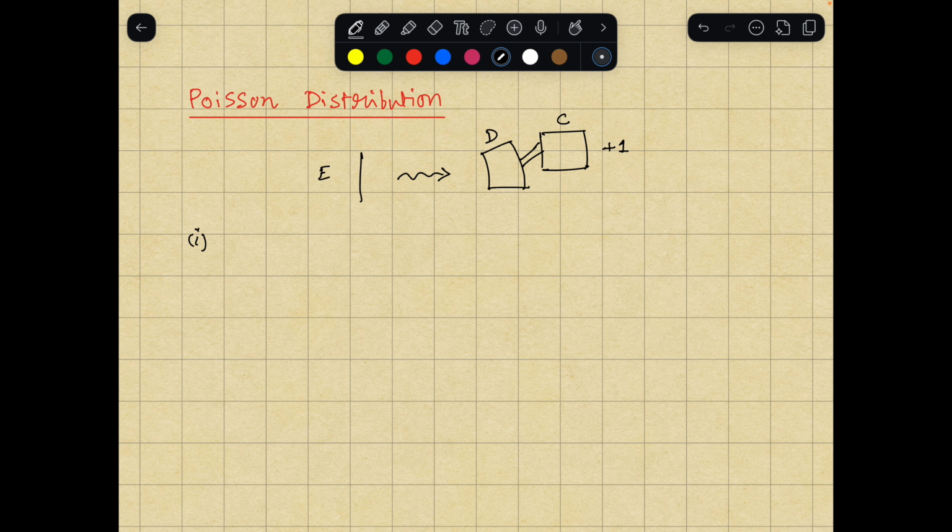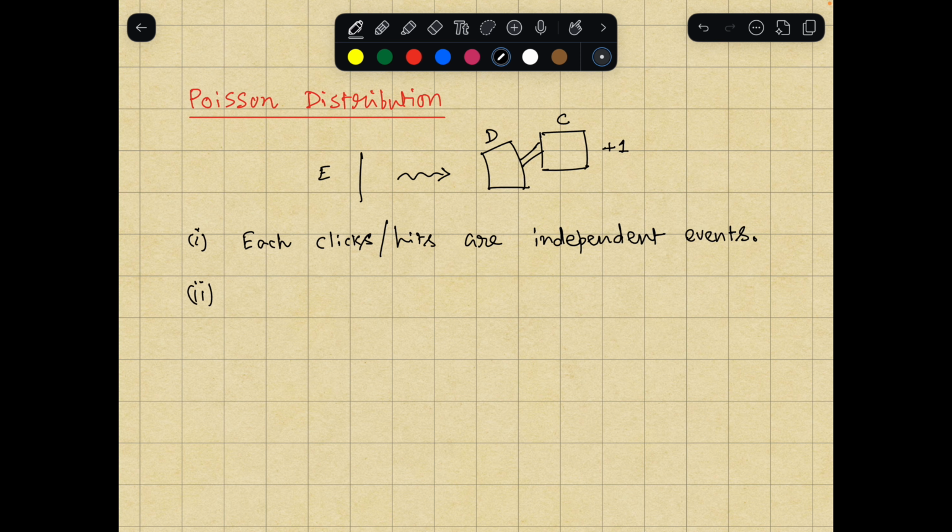So each of these hits are independent events. Each click or hit is an independent event. So this is our number 1 assumption.